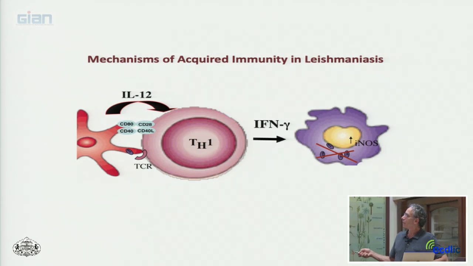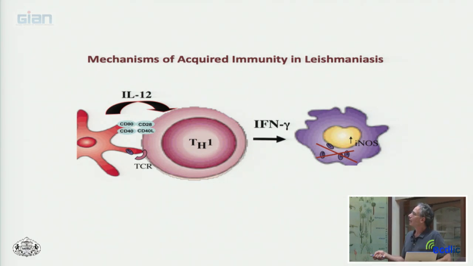Simplistically, these are the cells and the cytokines involved in killing of these parasites. So dendritic cells will take up antigen or parasites and present parasite antigens to a T cell, and in conjunction with upregulated CD40 and CD40 ligand interactions and CD80, CD28 interactions, plus IL-12.